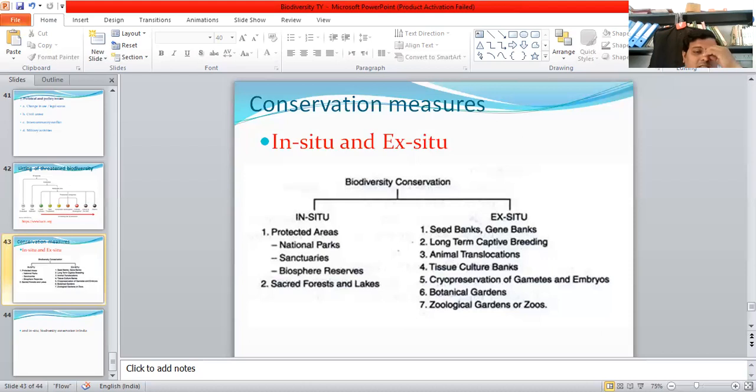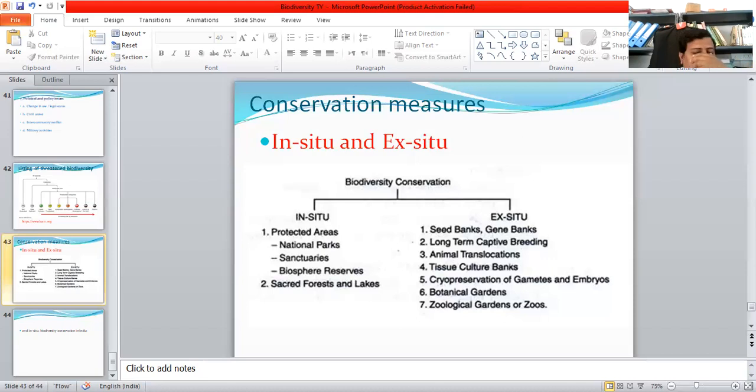We have some national parks in India, like Corbett National Park in Uttarakhand, Dudhwa in Uttar Pradesh, Gir National Park in Gujarat, Kanha in Madhya Pradesh, Kaziranga for the Indian rhinoceros in Assam, Nanda Devi National Park in Uttarakhand, Sariska National Park in Rajasthan, which was recently in the media for tiger conservation, Silent Valley National Park in Kerala, and Sundarban in West Bengal.